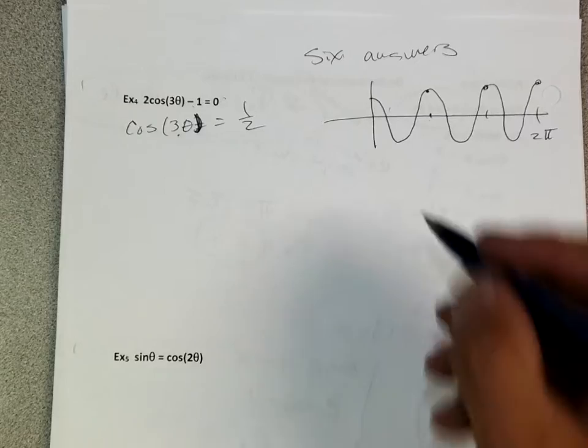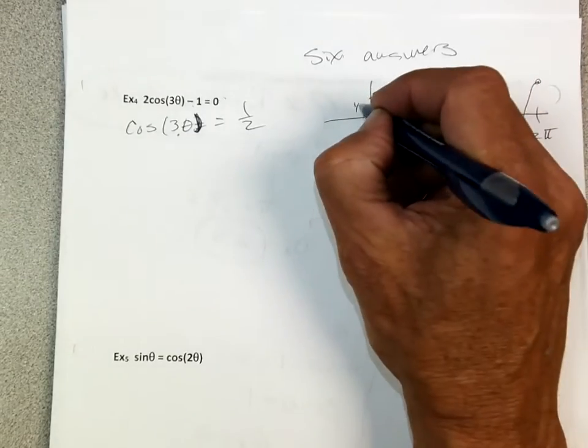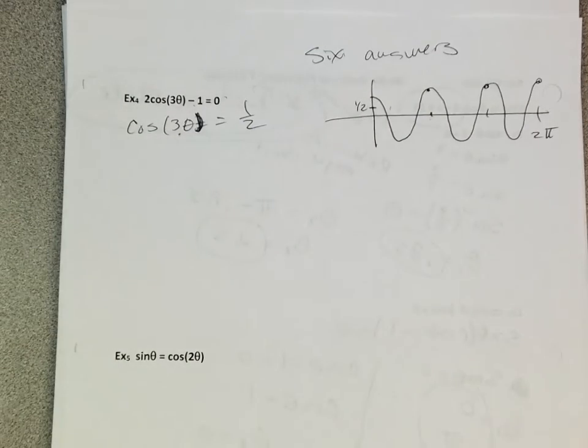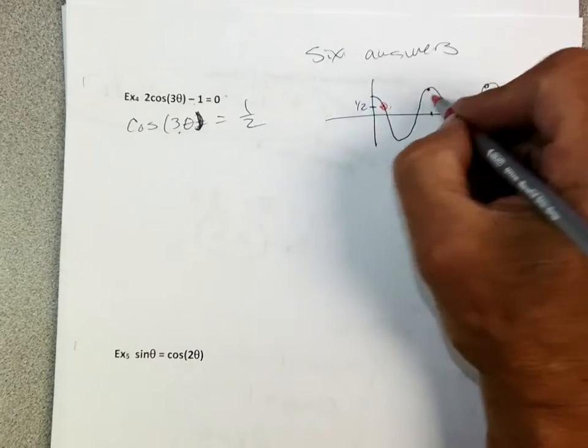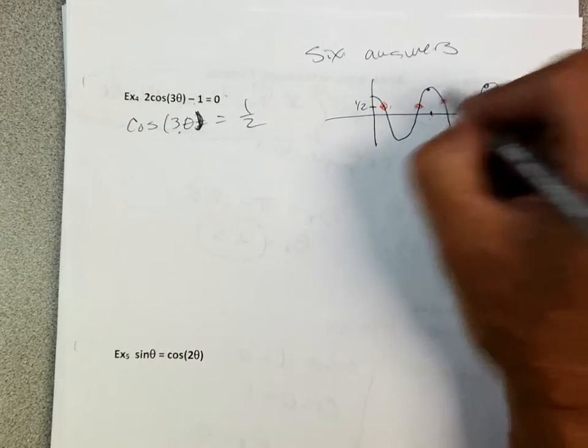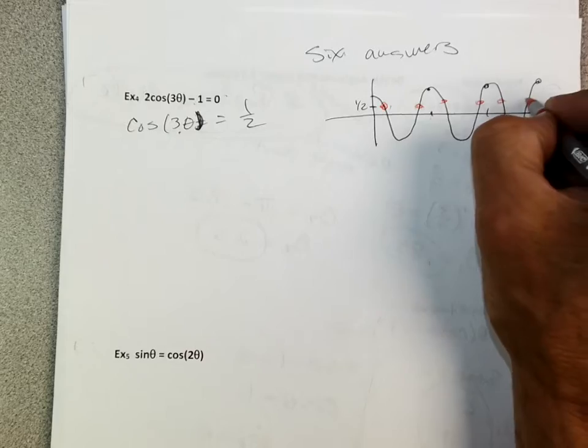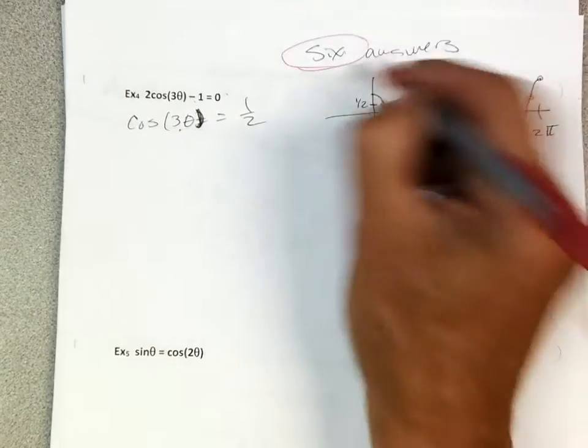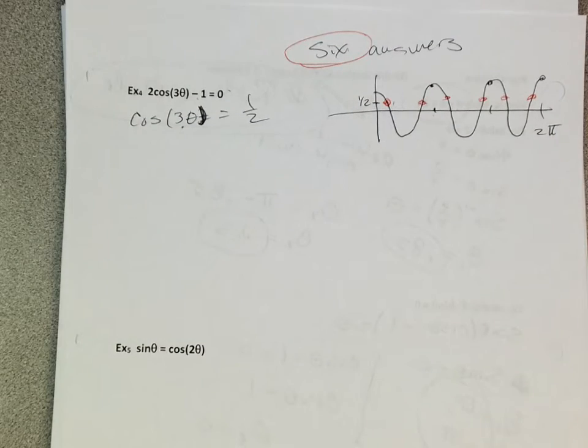So if I had a height of 1/2, I should see 1, 2, 3, 4, 5, 6 answers. I really should see 6 answers, right? For a height of 1/2. So I'm just going to first solve it like I normally do.